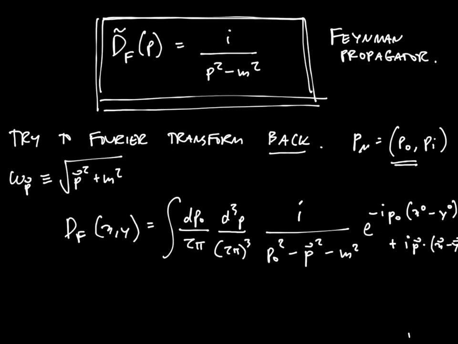Okay, so that's fine. Let me now expand this quantity out a little bit, and I'll do that on the next slide. So I'm going to expand this part out.